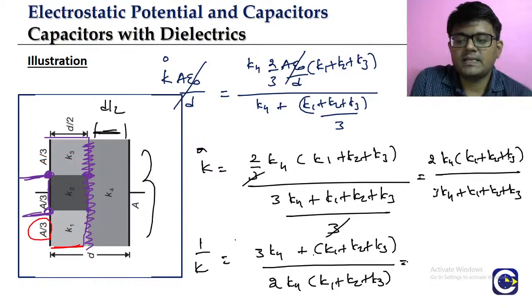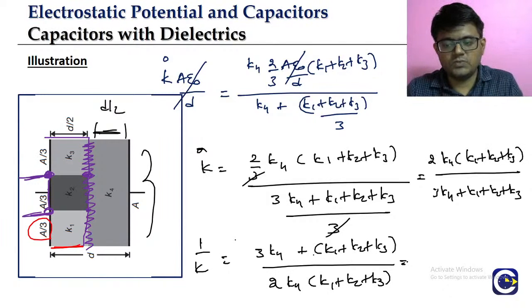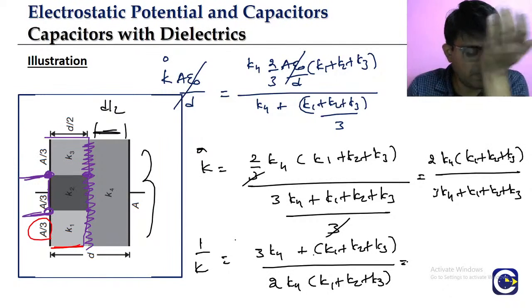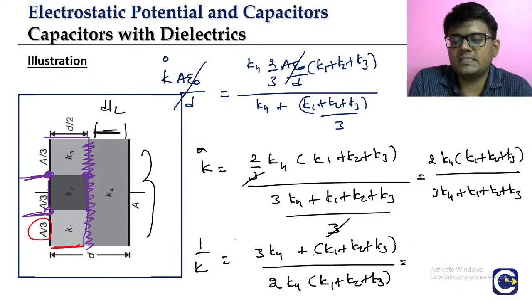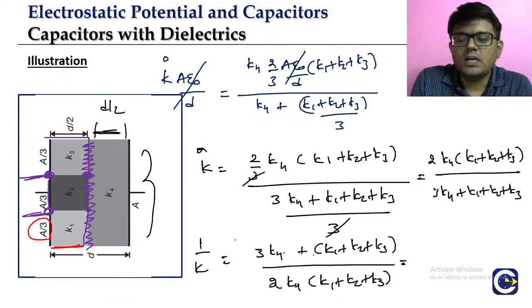இப்போ என்னன்னா அப்படியே நம்ம split பண்ணி எழுதலாம். So we'll just try to split and write. Split பண்ணா what is it that we'll be having பாருங்க, first 3k4 by 2k4, அதெல்லாம் வரும். Okay, so which means what, adula k4 cancel ஆயிடும். What we will be having, this will be remaining, 3/2 into k1 plus k2 plus k3.